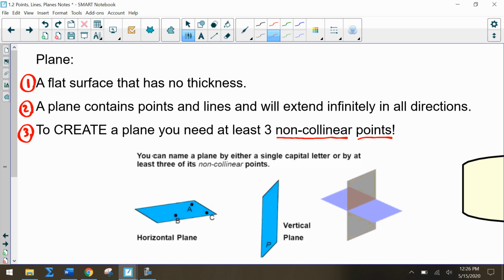So we can name a plane by either a single capital letter or by at least 3 of its non-collinear points. So here we have the vertical plane, so I would name this plane P. And then for this horizontal plane, I would name this as plane ABC, because points A, B, and C are on that plane.